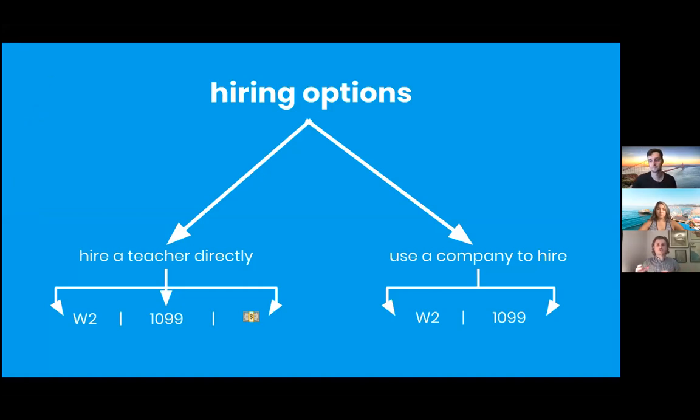So the way that we see it, there are two main options for hiring an in-home teacher. You can either hire them directly or you can go through a company. And there's a few companies out there. Scoot at Home is one of them, but there are other good ones as well. Once you've decided which direction you want to go in terms of doing it yourself or using a company, there's a few subcategories that you need to think about. If you're hiring a teacher directly, are you going to classify them as a W-2 employee, which would be known as a household employee in this case?